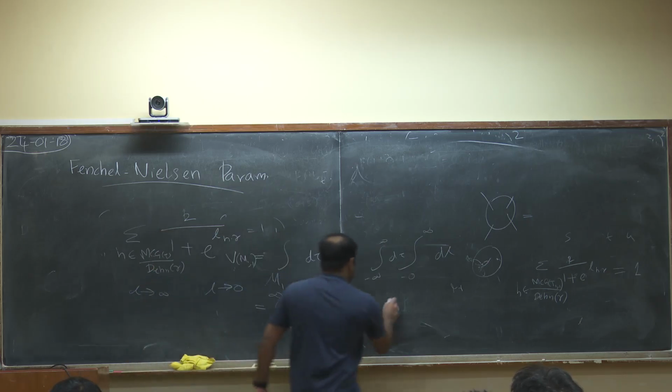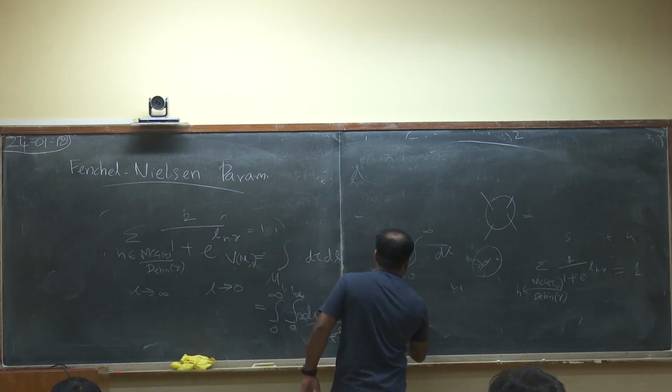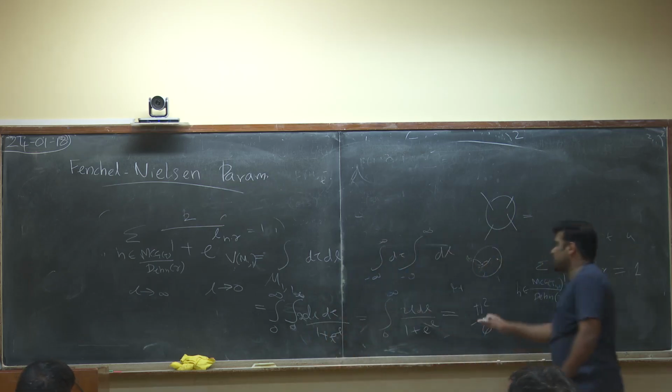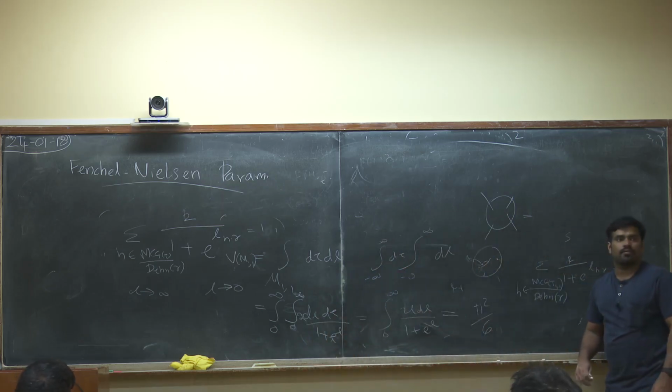This gives the integral from 0 to infinity of L dL divided by 1 plus e raised to L, which is just pi squared by 6. This is the volume of the moduli space of the one-punctured torus.